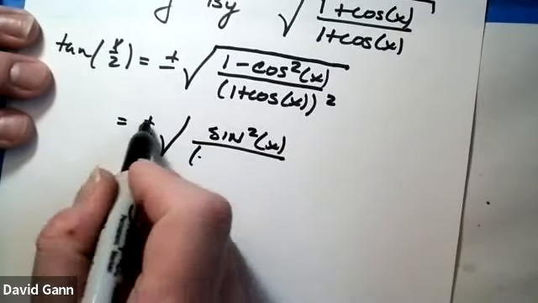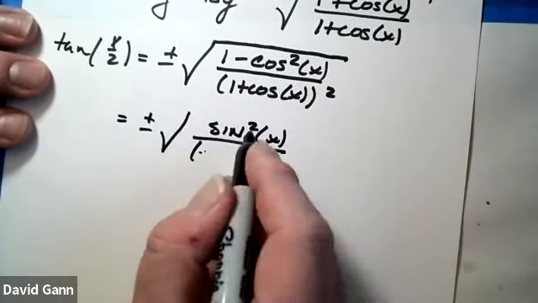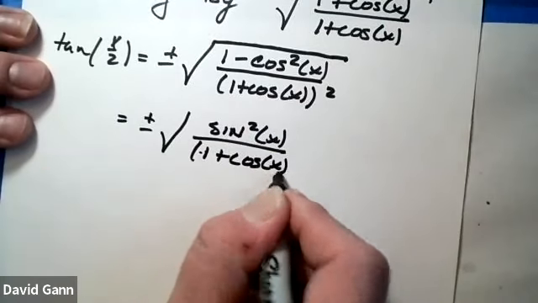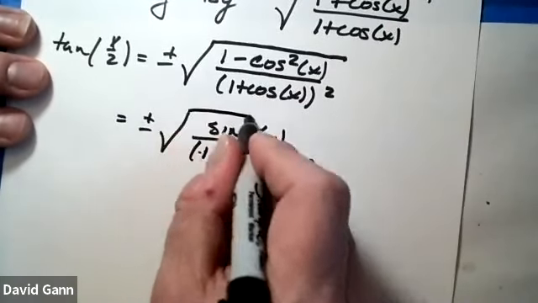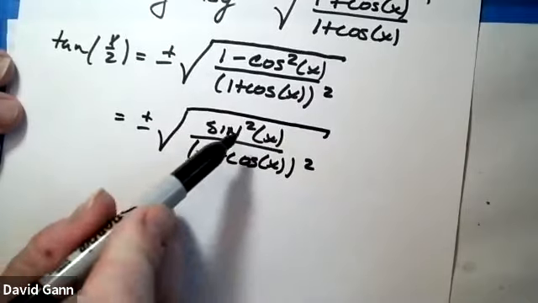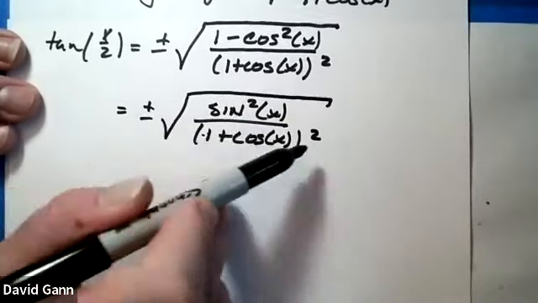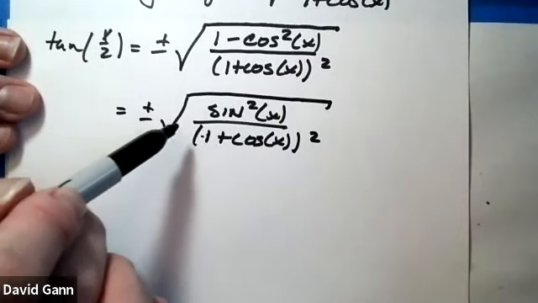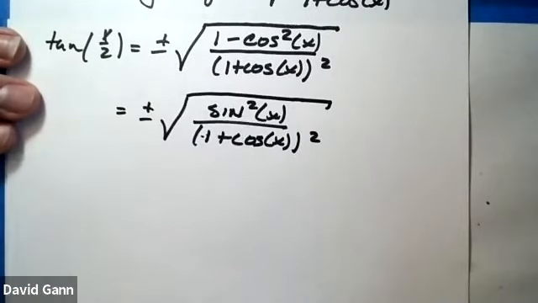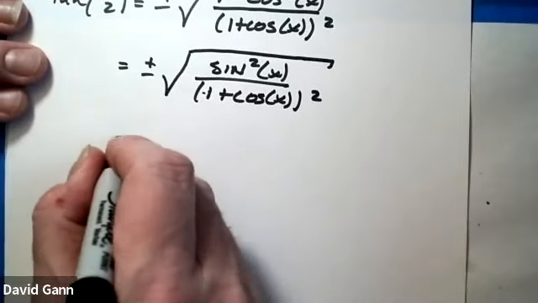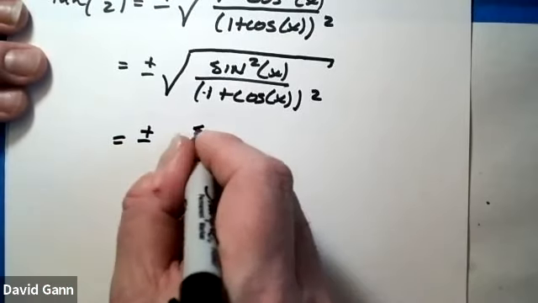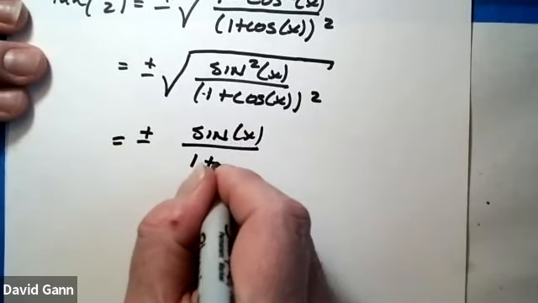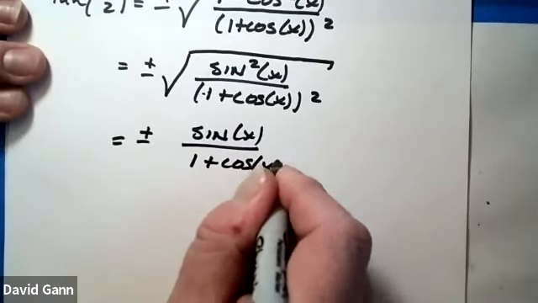And we have plus or minus the square root of sine squared of x over 1 plus cosine of x quantity squared. And notice now this whole fraction in here is a perfect square, and so in some sense the radical unzips that, and we end up with just plus or minus sine of x over 1 plus cosine of x.